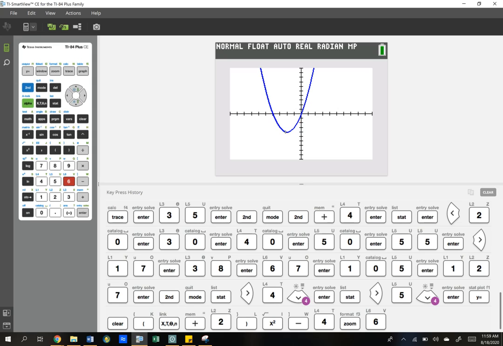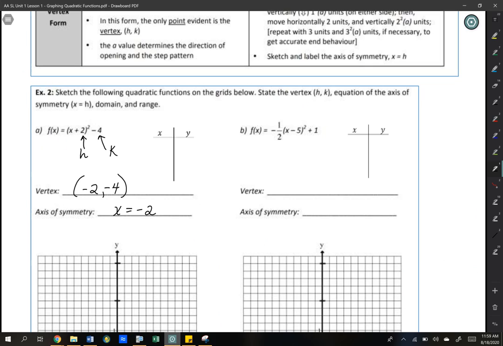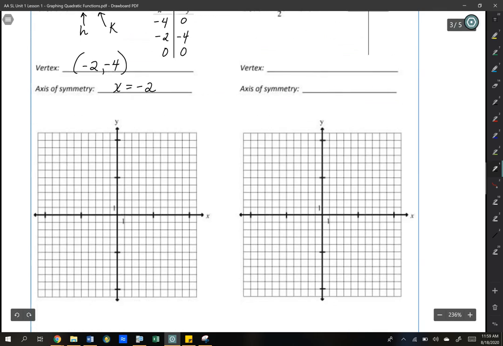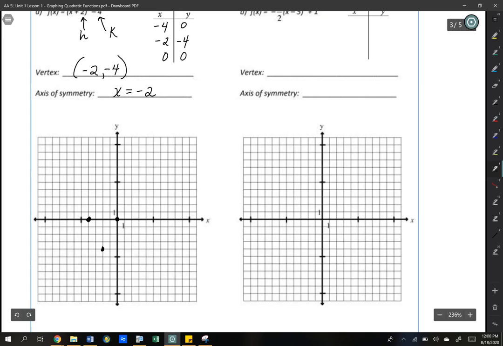So I'm going to pick x is -4, and I'm going to pick x is 0. And if I put -4 into my equation, I get 0. If I put -2, obviously I get -4. That's my vertex. And if I put 0 in, I'm going to get 0. So go ahead and plot those. Sketch your graph.